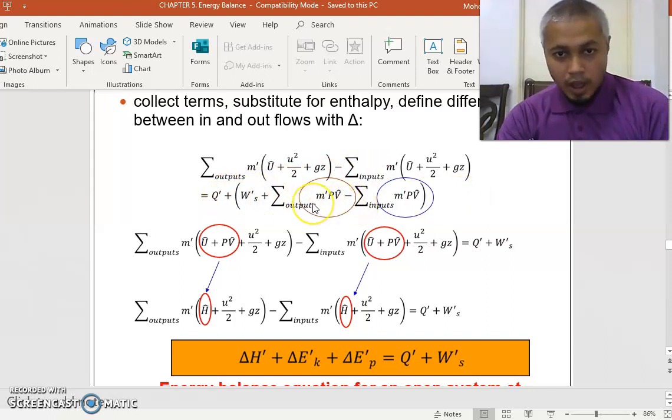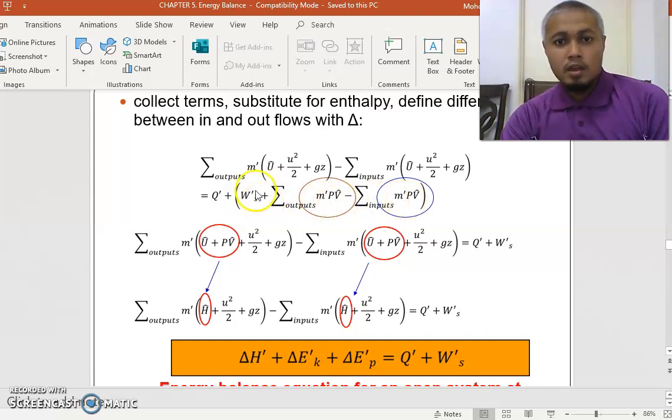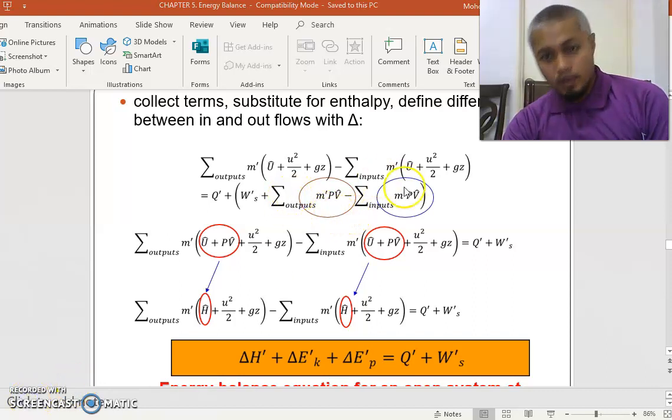Because I already mentioned we need to substitute the value of W with the flow work and also shaft work, where this is the term we get from the previous slide. That's why we have this term, and if we rearrange the formula, where we bring PV to the left hand side, PV for output, PV for input, we will get this expression.